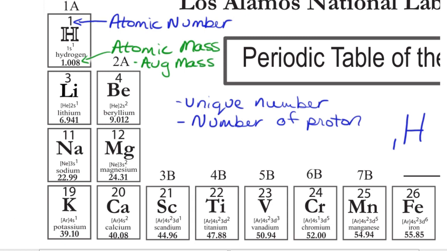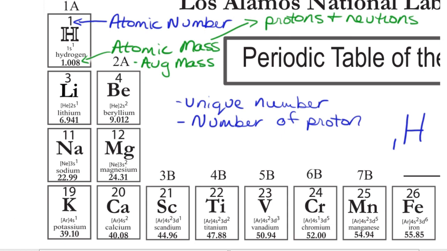Recall that we've already talked about the particles that make up an atom, and when we talk about the mass, there are really two types of particles that contribute primarily, and that's the protons and the neutrons. So when we get this average mass, that is pretty much what we're talking about.